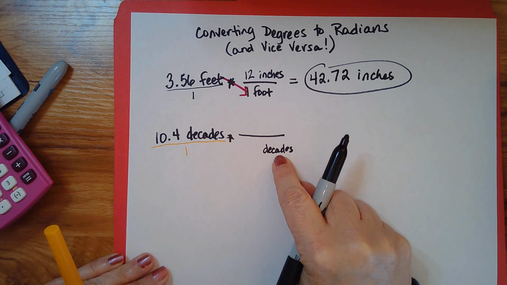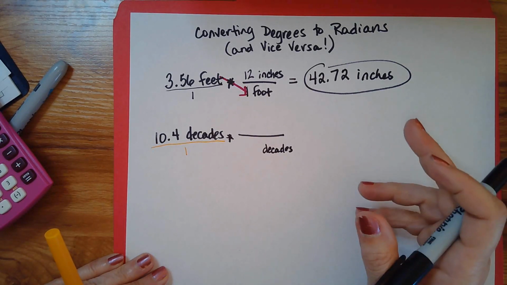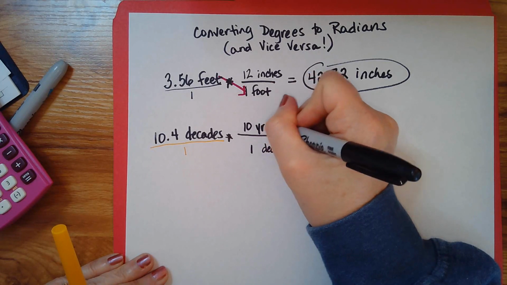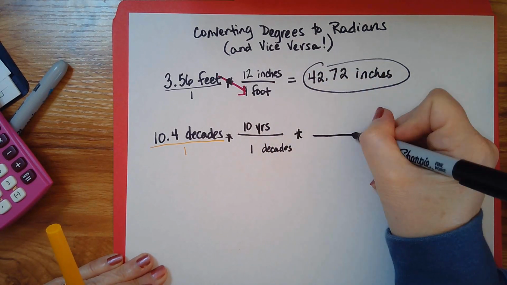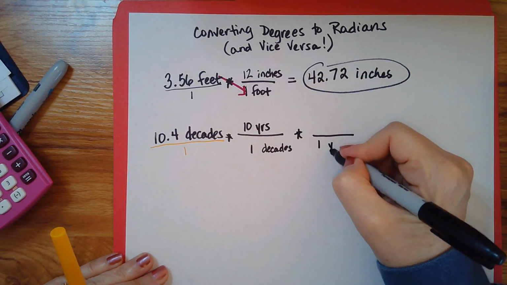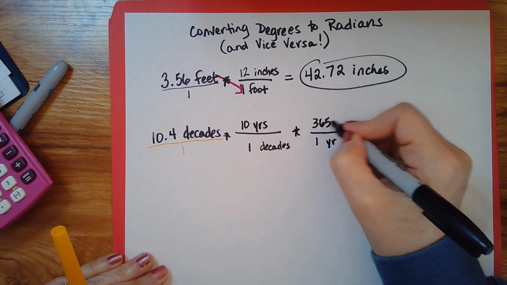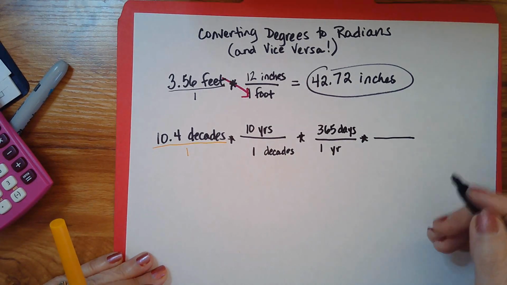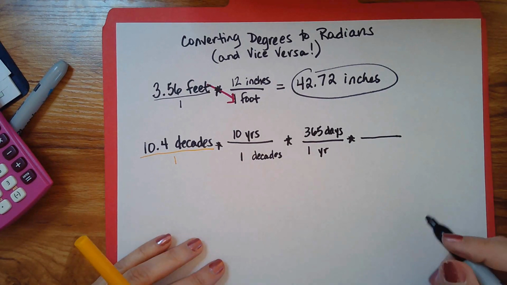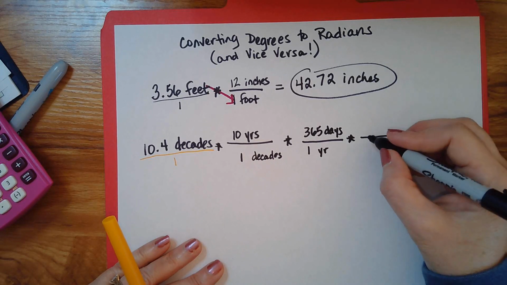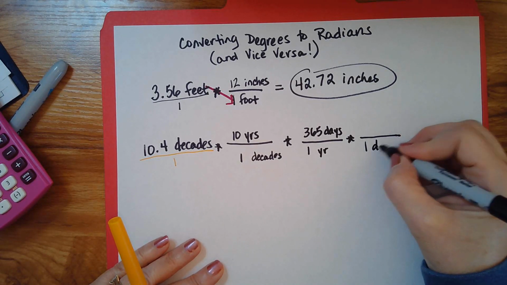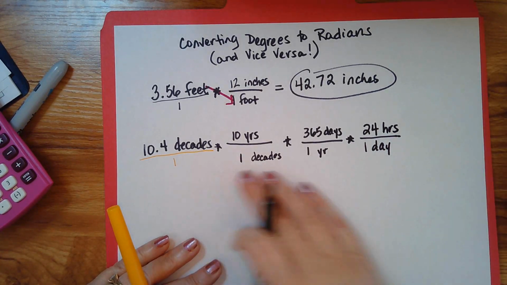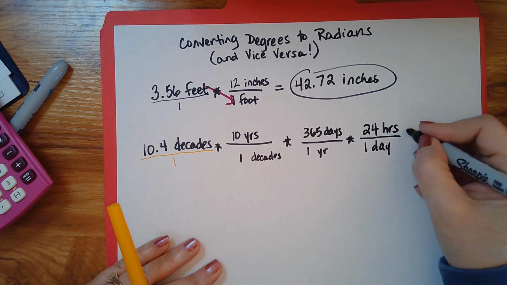So what do I know about decades versus anything that gets me closer to hours? Well, I know that 1 decade is 10 years. Okay, and then what do I know? Well, I know that 1 year is 365 days. And I know there's really a 0.25 in there because of leap year, but I'm ignoring that because I want to. And then I know that 1 day is 24 hours. So now I have a series of conversion factors.